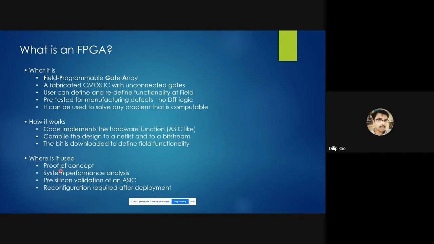The timing score has to be met, meaning the design should work as expected functionally. The design should work at the expected speed in terms of clock frequency, and the design should also support the necessary data throughput. For example, I was mentioning the H264 codec, a video compression algorithm.